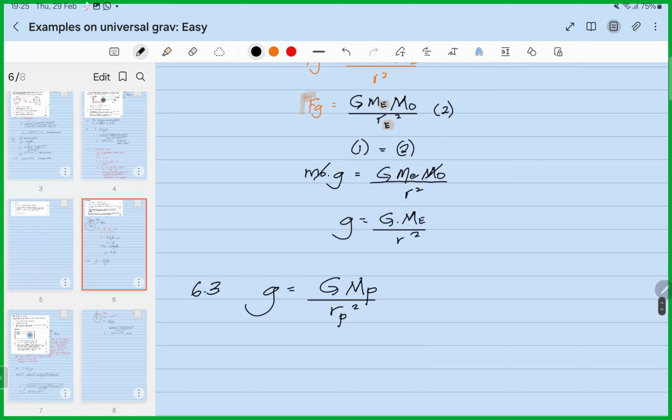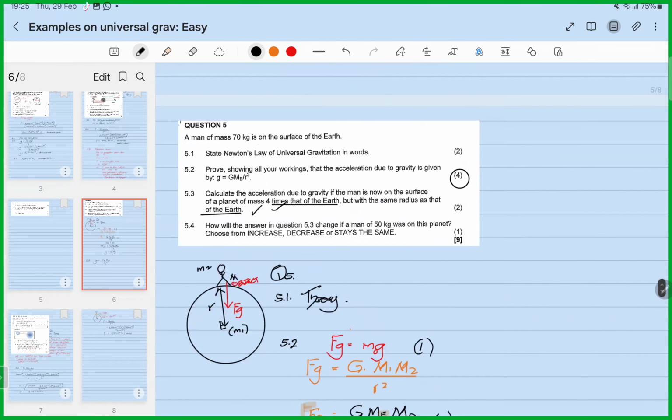Now, if it has a mass 4 times of Earth and the radius equal to whatever we have, then by all intents and all calculations, it should just be 4 times 9.8. And 4 times 9.8 is 39.2. So I'm hoping that the acceleration due to gravity on this planet is exactly 39.2 meters per second squared. All right, let's see if we're right.